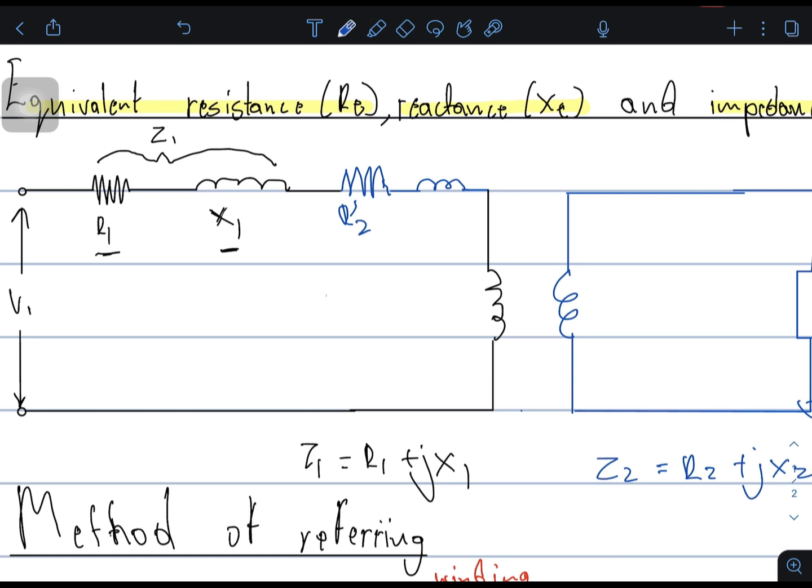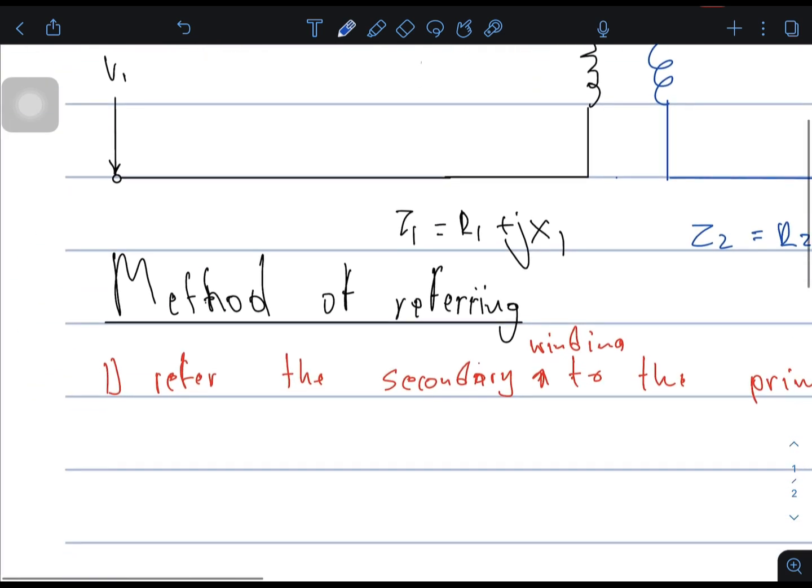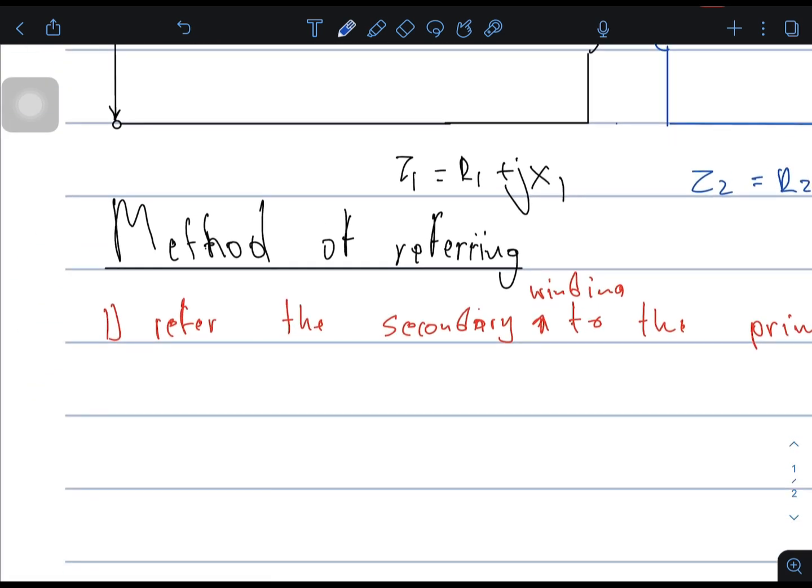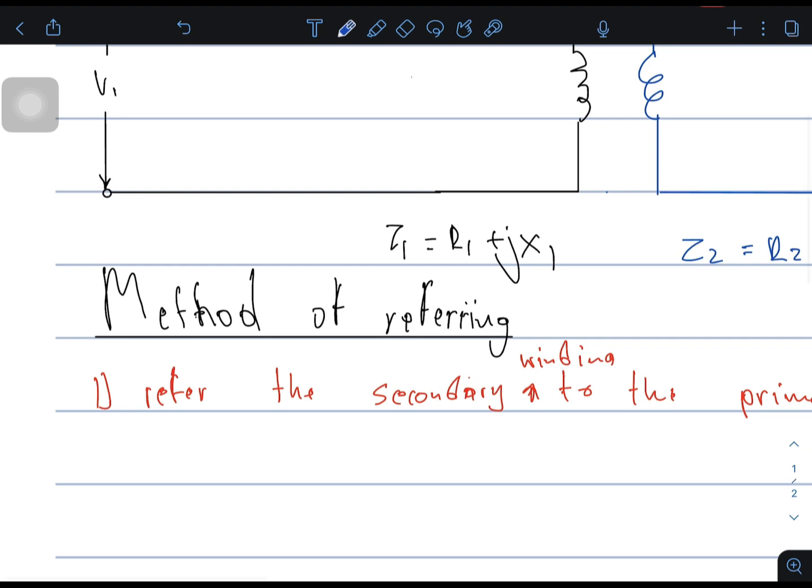Then X2 prime to show that I have referred the secondary reactance of the secondary winding to the primary winding. Okay, once we have referred, it means, guys, we can calculate now.